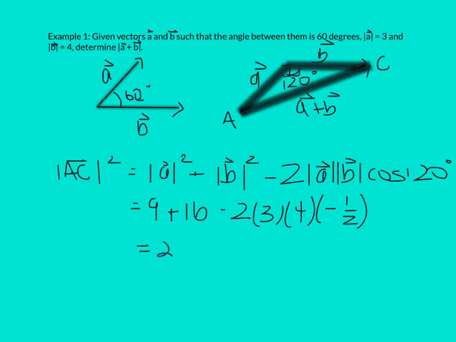So this will be 25 plus 12, which is 37. So that means the magnitude of our resultant is the square root of 37, which can't be reduced any. So if we're going to use a mathematical answer, that would be our final answer there. The magnitude of A plus B is square root 37.